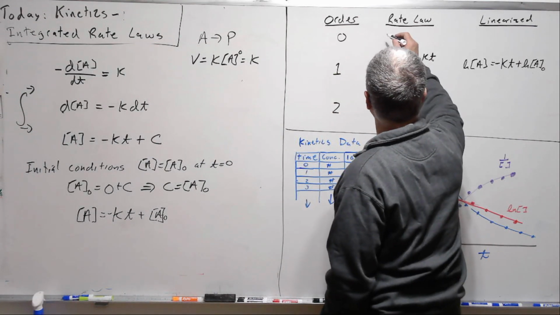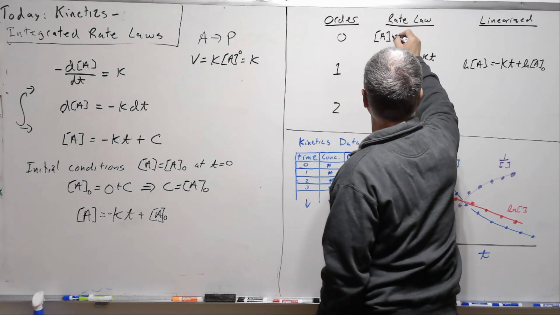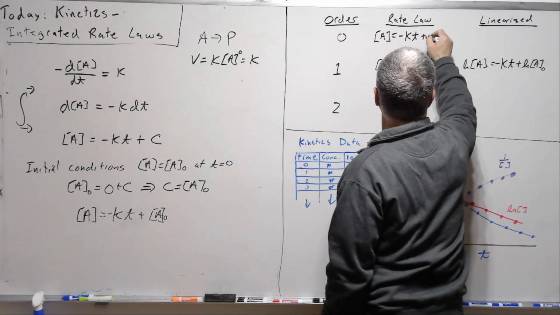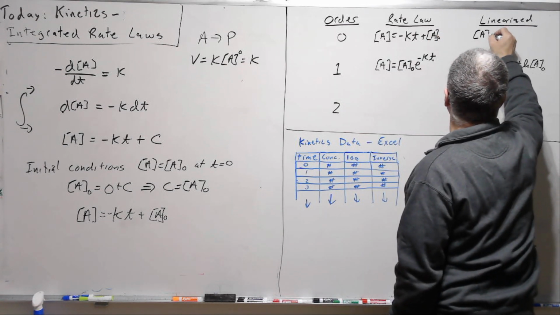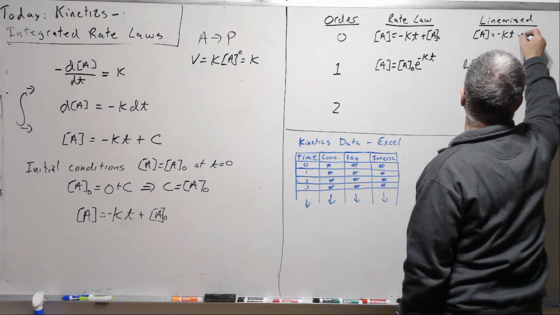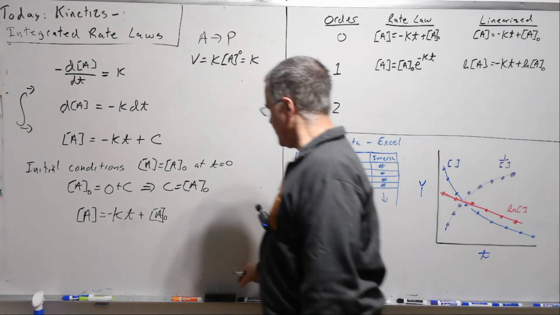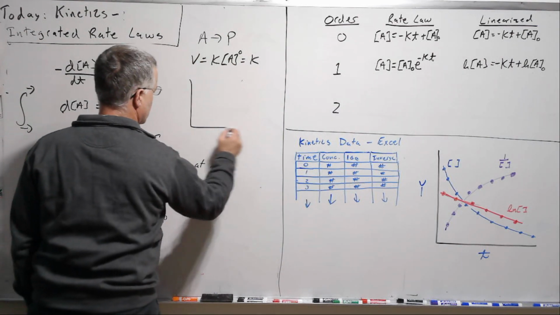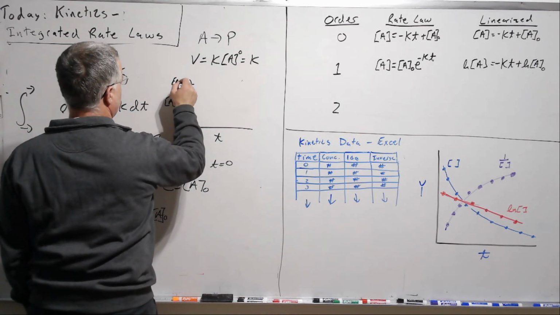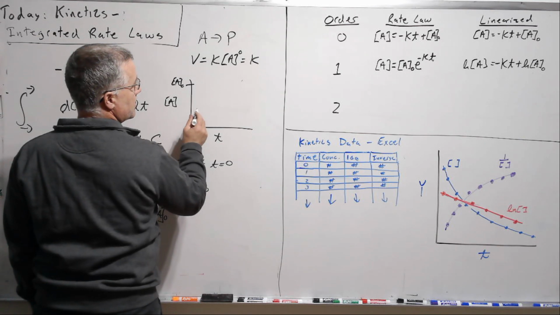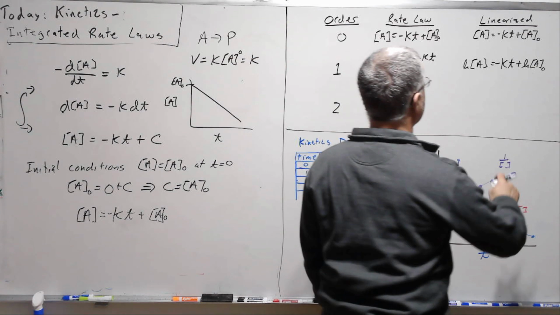So let me write this here. This is our final form. It's also the linearized form, so I'll just repeat that. So let's plot this. That looks like that.